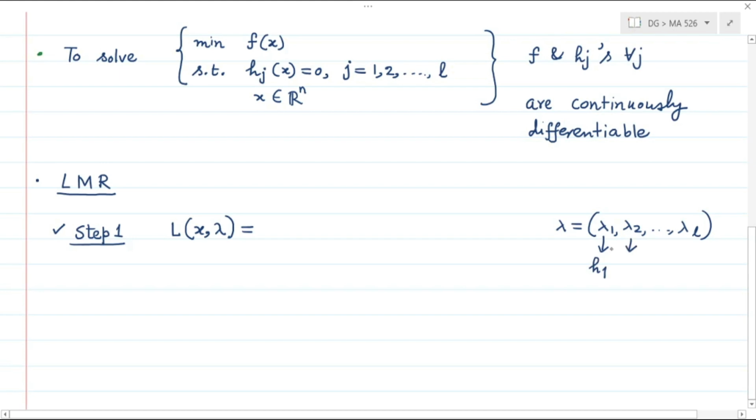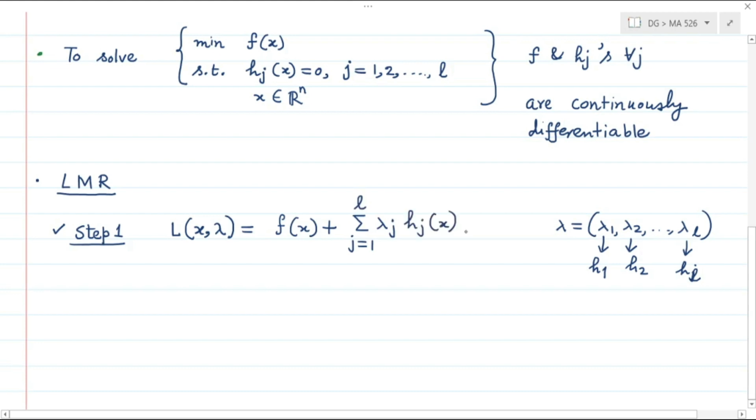So lambda 1 is associated to h1, lambda 2 is associated to h2, and lambda L is associated to hL. And we construct the Lagrangian function given by f(x) plus summation j equal to 1 to L lambda j h_j(x).